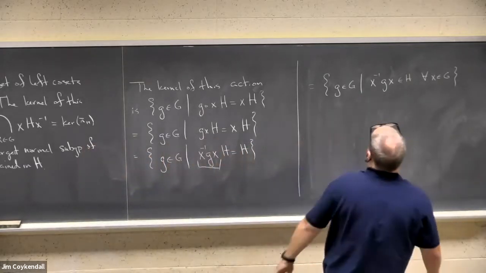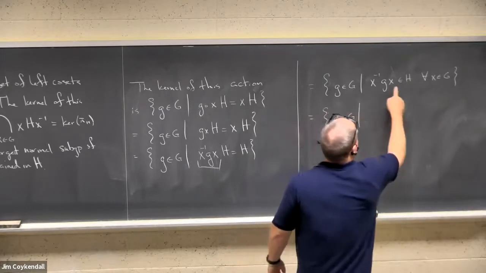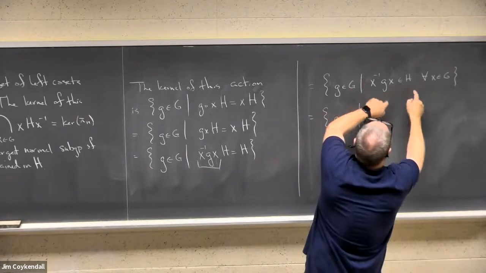So let me massage this again. This is the set of g in G such that, I'm going to multiply this on the right by x, left by x inverse.